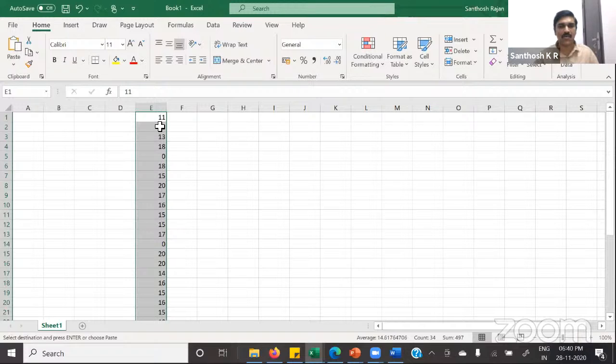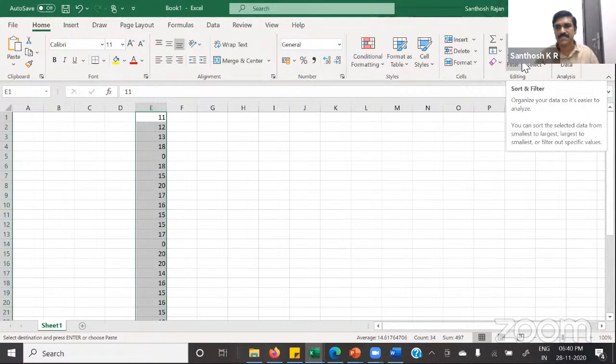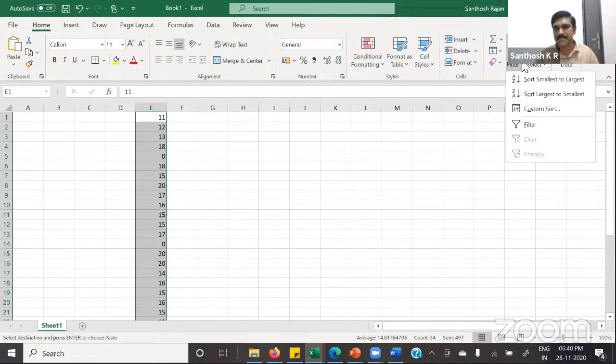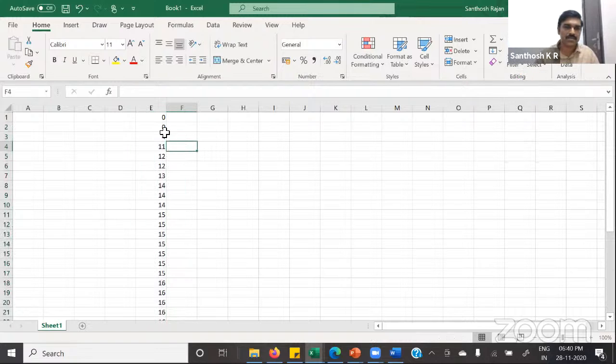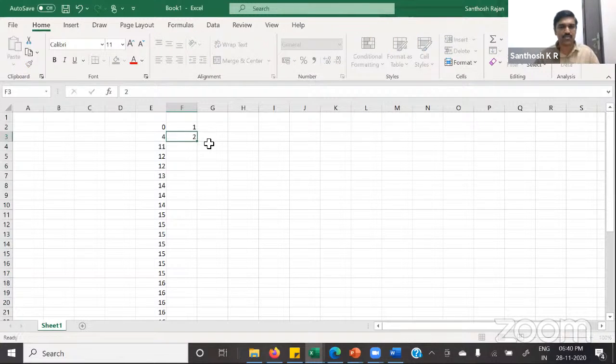Now I can first sort it from the smallest to the largest. Like this. Okay, it is sorted. 0 is here. I am using only one 0 here. Imagine, I am ranking this as 1, 4 as 2.